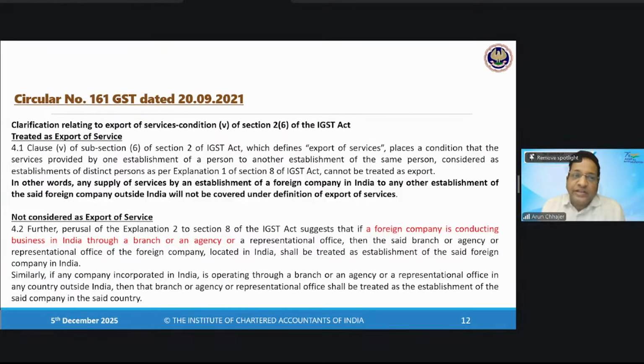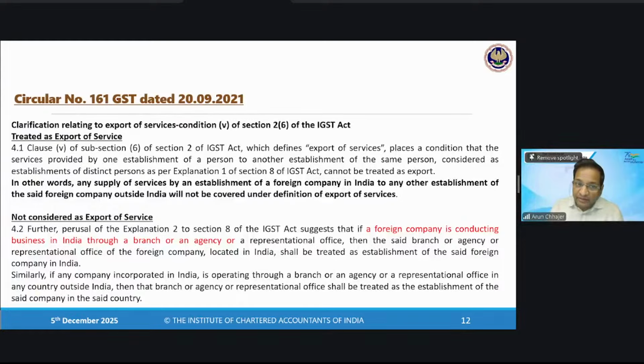Now we need to read Circular 161, what it says. Clarification regarding export of the service, that is the fifth condition. They are saying that export of the service places the condition that one establishment of a person to another establishment of the same person is considered establishment of distinct person as per the explanation and therefore cannot be export.